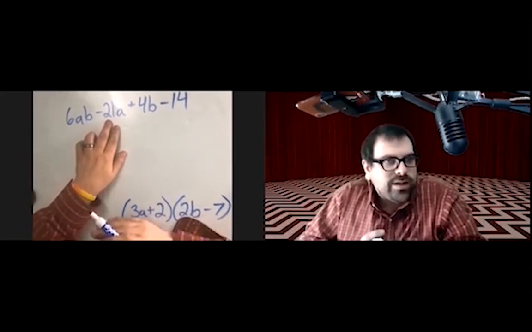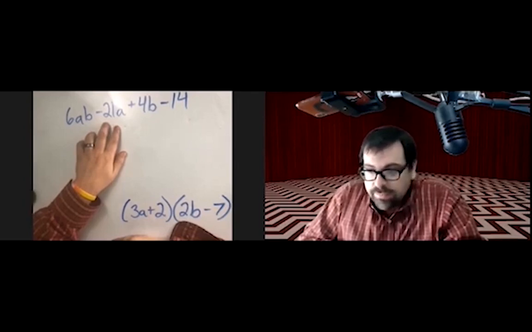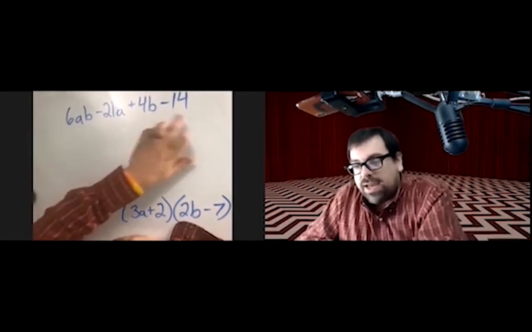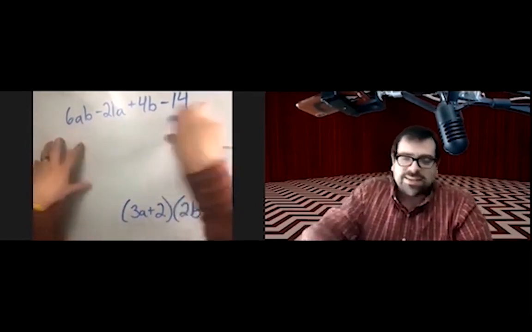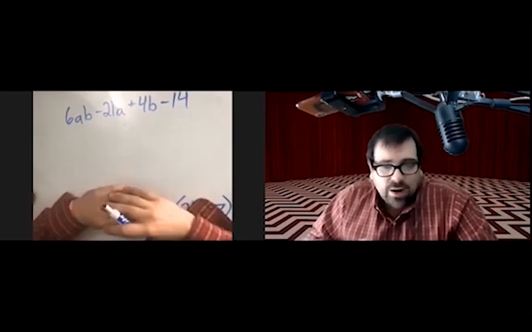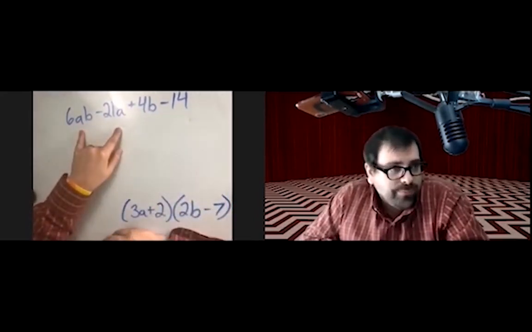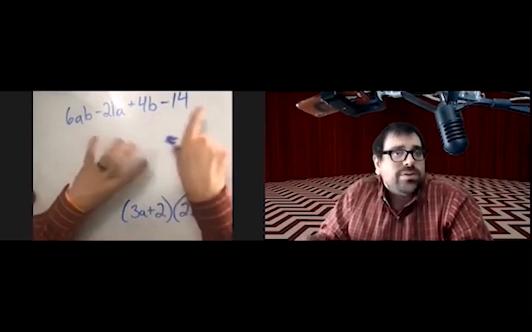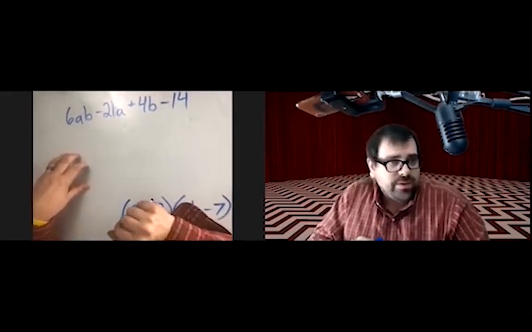To see that, 21, the prime factorization would be 3 times 7. These ones wouldn't have a factor of 3. These ones wouldn't have a factor of 7. There is not anything that's going to be able to come out of all 4. We can't take out any A's because the A's are only in these 2. It would have to be in all 4. We can't take out any B's because the B's are only in these 2. It has to be in all 4. So there is no GCF to take out of everything.